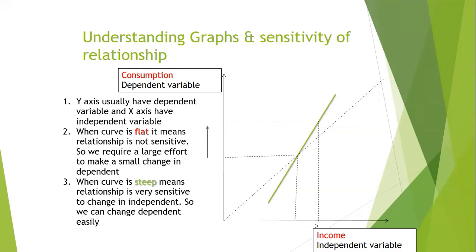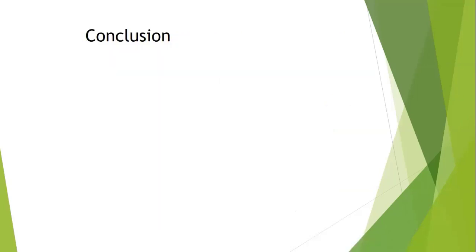And the flat curves are less sensitive, in that case the dependent is less sensitive to the independent, and in the independent variable we usually keep the problems for the starting initiators. So the graph will tell us to rank the policies accordingly. Okay, so now we go to a conclusion.